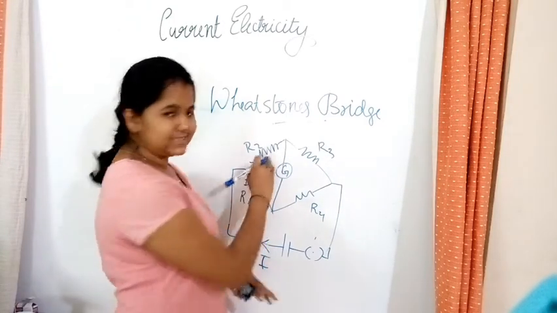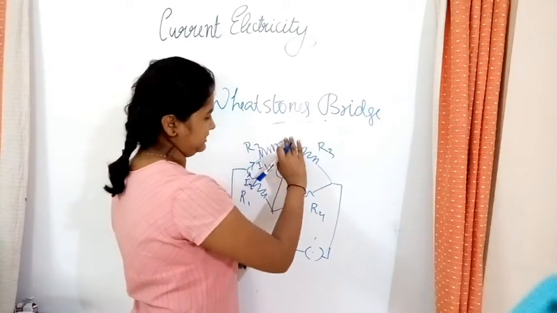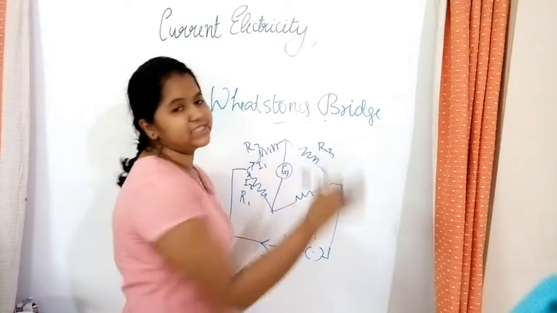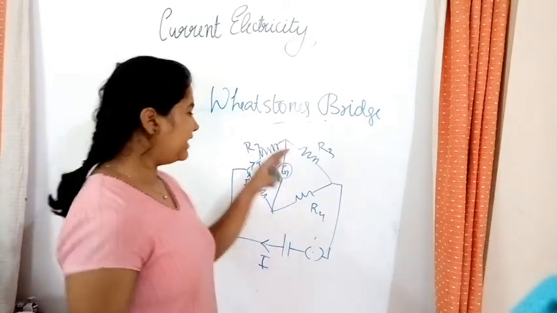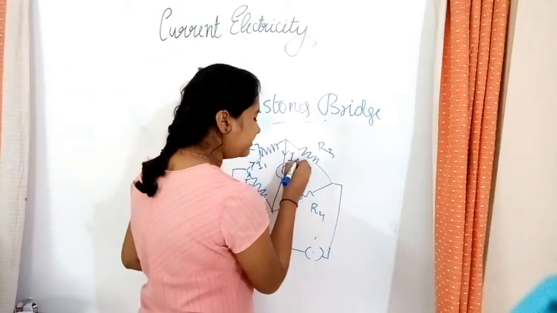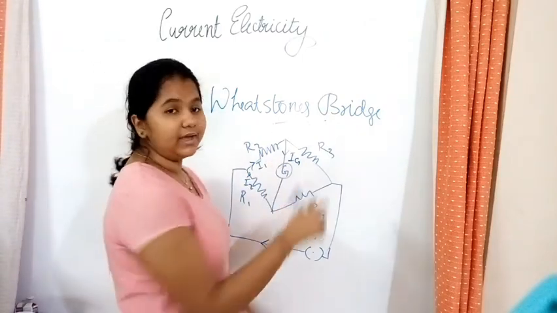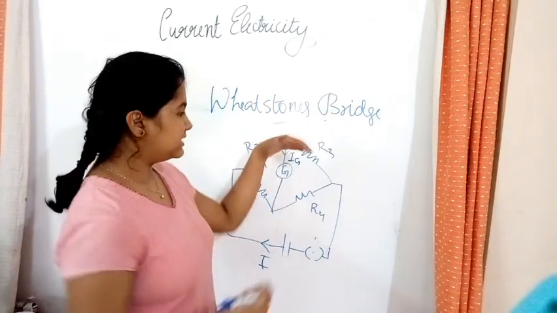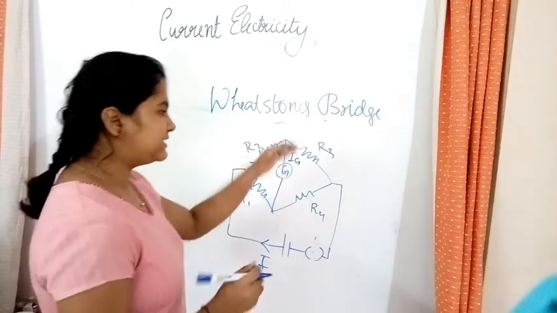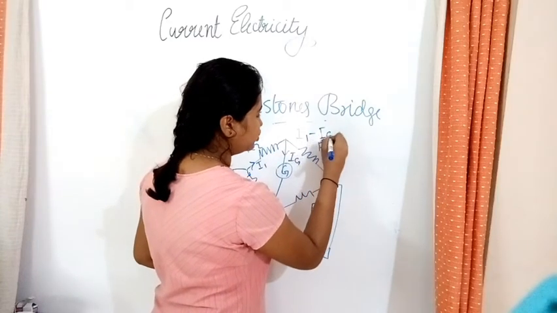See this current will move like this, right? When it comes to here, what will happen? There would be again a splitting of I1. When it comes over here, this galvanometer, I'll mark it as Ig. And then the current passing through this arm of the Wheatstone's bridge would be I1 minus Ig.